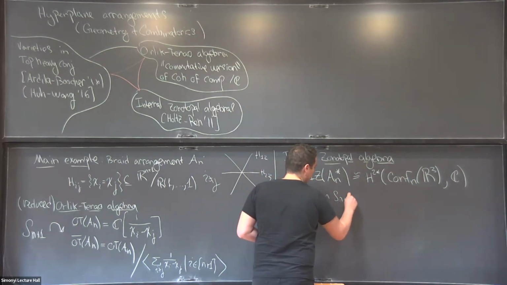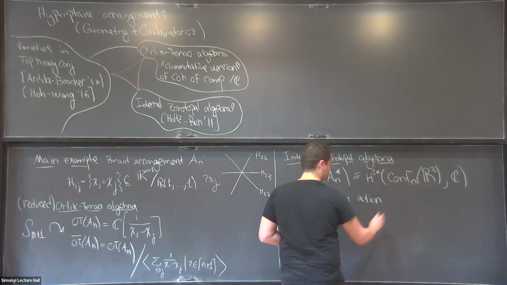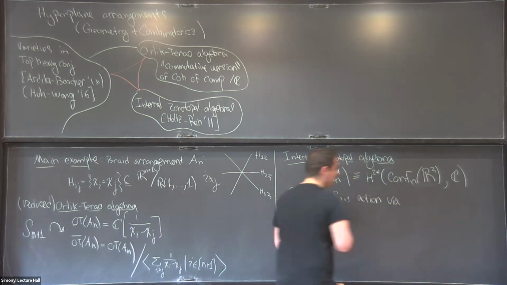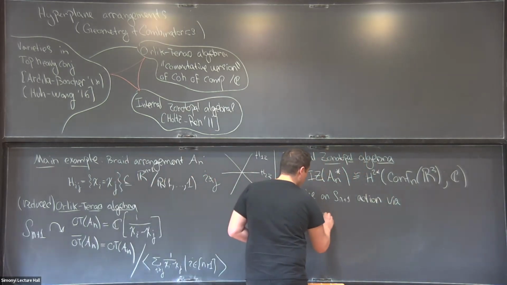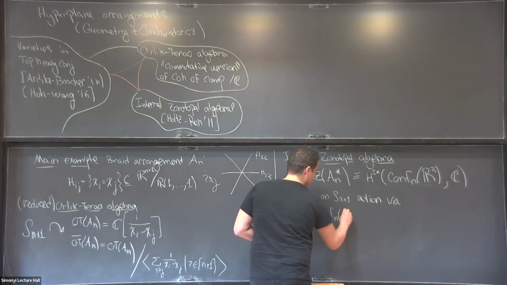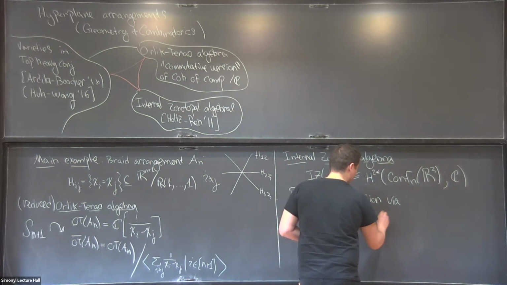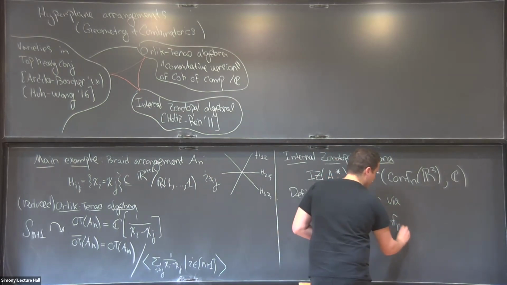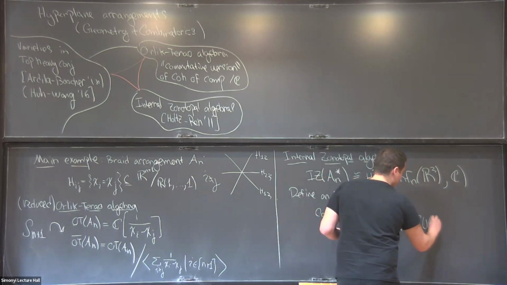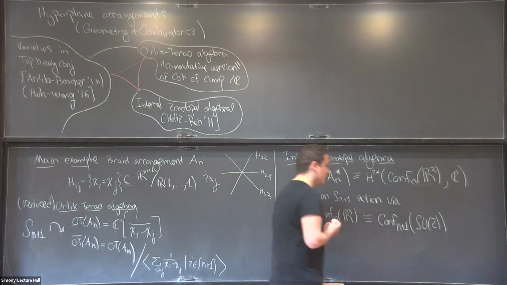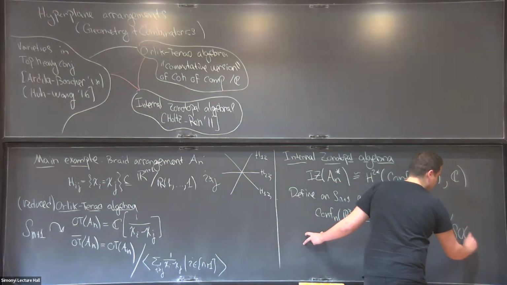But you can also define an S_(n+1) action in this sort of clever way. There is a homeomorphism between configurations of n distinct labeled points in R^3 and configurations of n+1 distinct labeled points in the group SU(2) of special unitary 2x2 matrices, modulo simultaneous translation.